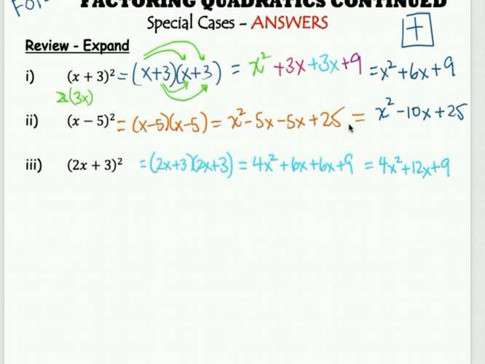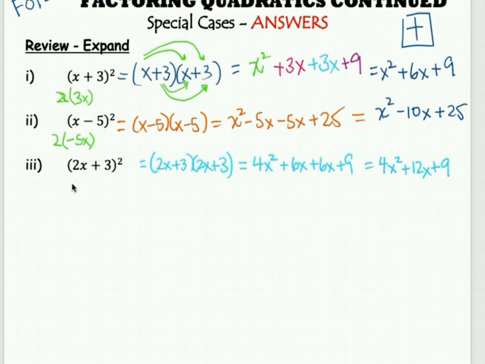x becomes x squared, the 5 becomes positive 25, and what did we do with the middle term? We got negative 5x, but then we multiplied it by 2, so we get negative 10x. From here, the 2x squared again becomes 4x squared. The 3 becomes 9.